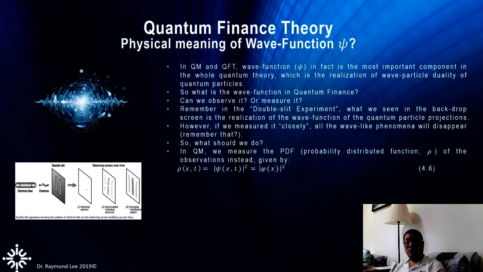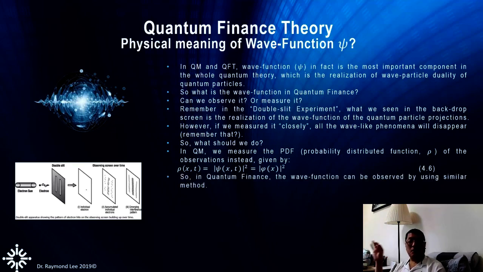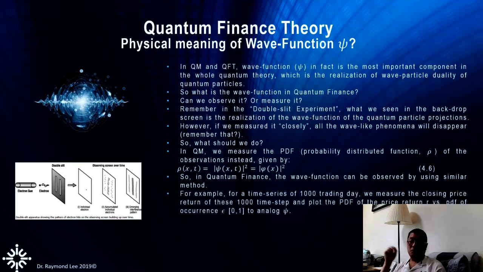All right. So by doing that, we are using the probability density function of classical statistical mechanics theories. You take the distribution part and take away the time. So in quantum finance, the wave function can be observed by using a similar method, doing the overall statistics or sampling.